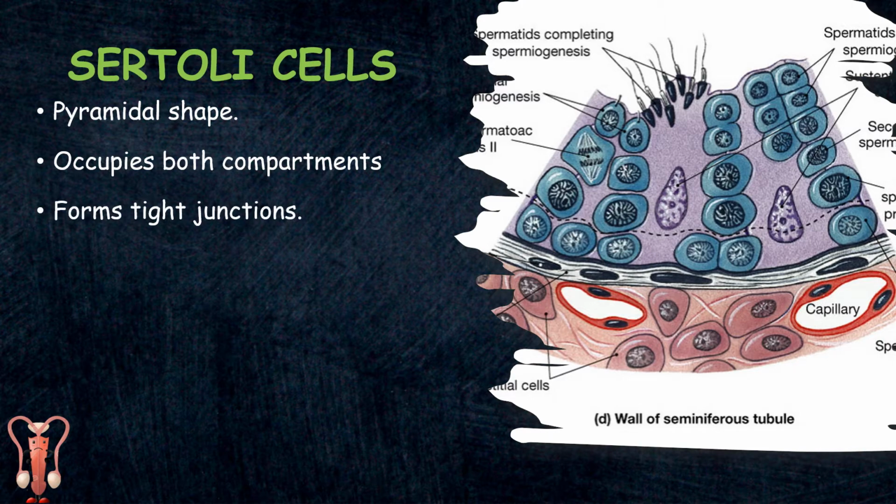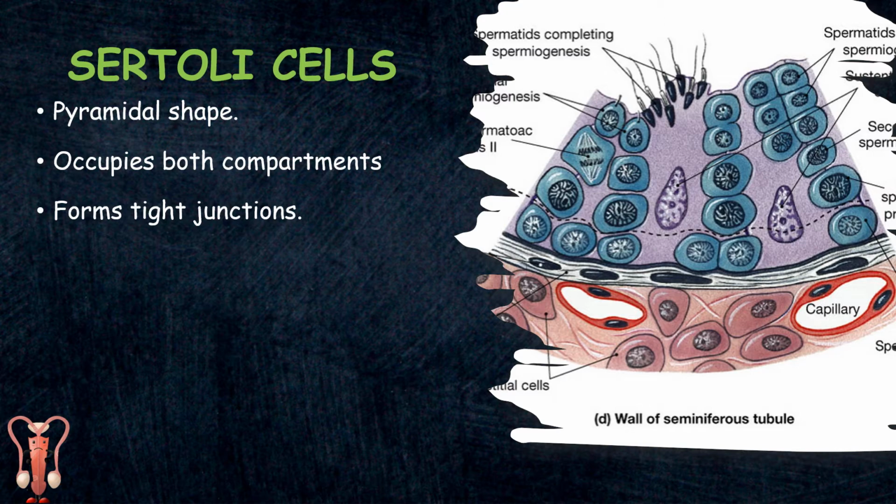Tight junctions form, as there is no cytoplasmic continuity between two adjacent Sertoli cells, but the plasma membranes of two adjoining cells are connected by the tight junctions. Here you can see this is a tight junction, present in the basal region.